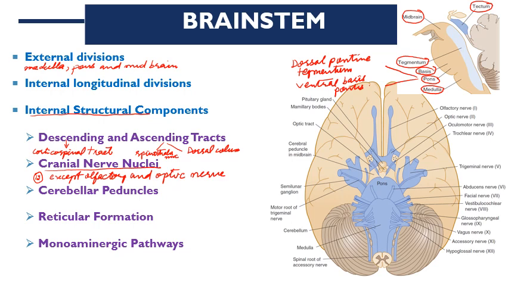The olfactory and optic nerves are evaginations of the brain itself. Portions of the cranial nerves also pass through the brainstem.